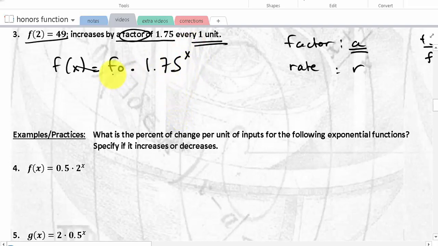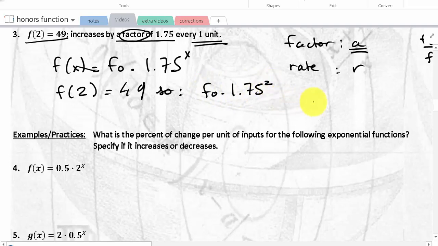So how do I find f0? Well, what do I know? I know that f of 2 equals 49, right? So what does that mean? It means that f0 times 1.75 to the second power equals 49, and so f0 equals 49 divided by 1.75 to the second power.